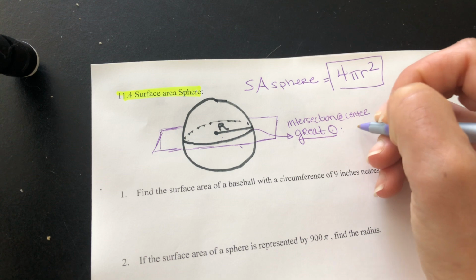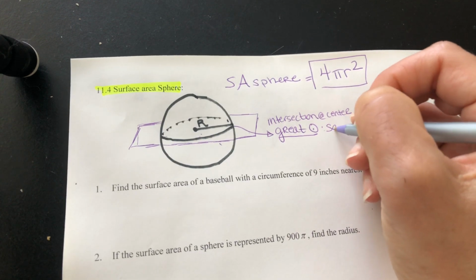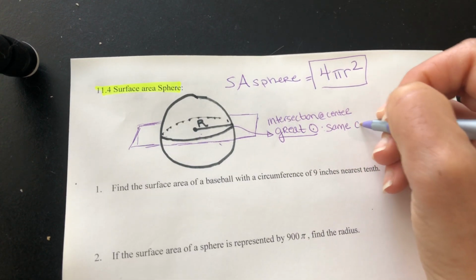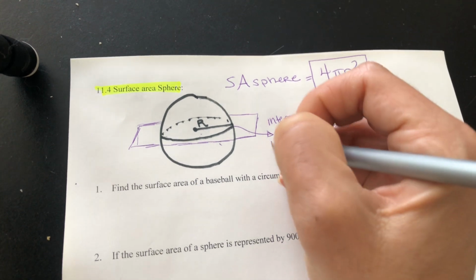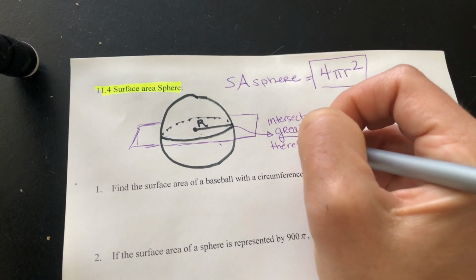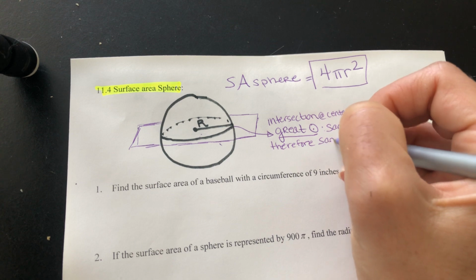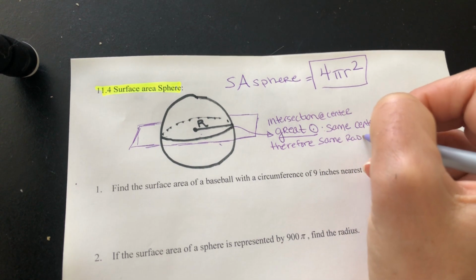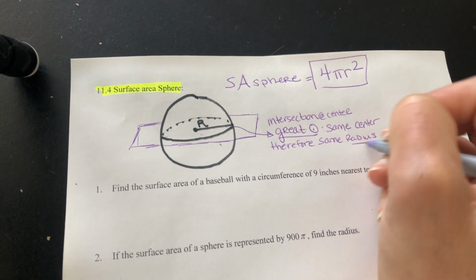And all you really have to know with the word great circle is the great circle has the same center, therefore the same radius. That's all you really need to know.